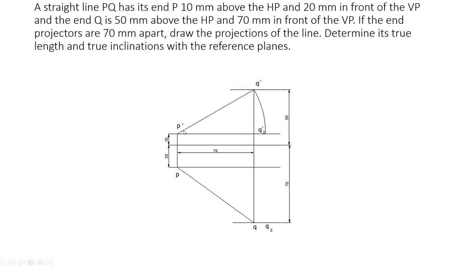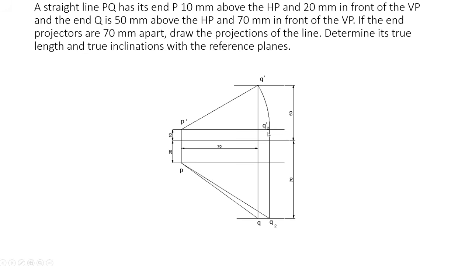Now take P dash Q dash as radius and P dash as center, and draw an arc like this to meet the locus of P dash at Q2 dash. Drop that point, or draw a vertical line, to the locus drawn through the point Q at Q2.